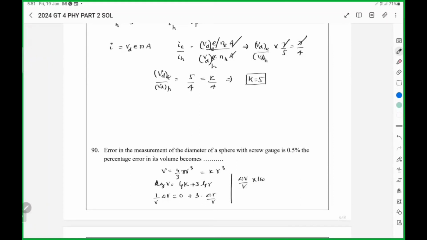This is the percentage error in volume. He has given percentage error in measuring diameter or radius. So this is what the answer is.